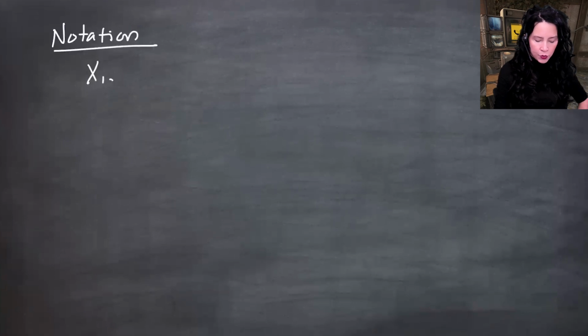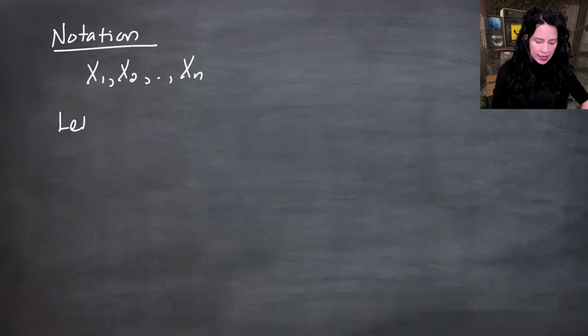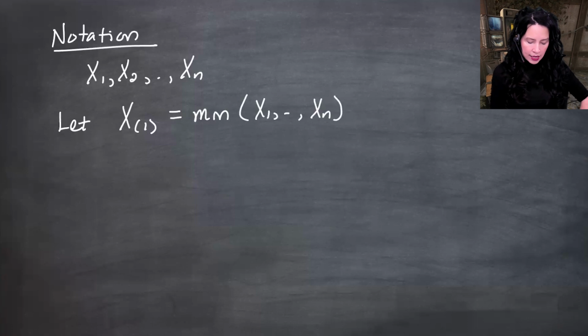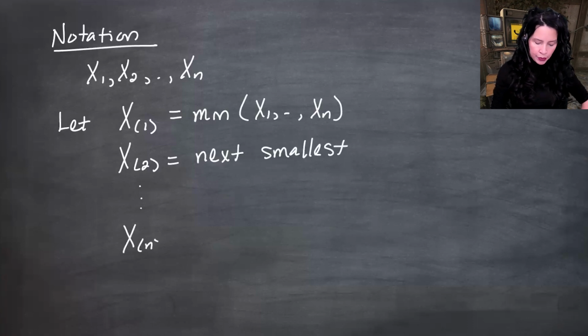If we have x1, x2 out through xn, IID, or maybe not, but for our class it's always going to be IID, I am going to let x1 in parentheses denote the minimum. And then I'm going to let x2 in parentheses denote the next smallest, the second smallest, all the way up to x sub n in parentheses, which is going to be the maximum of x1 through xn.